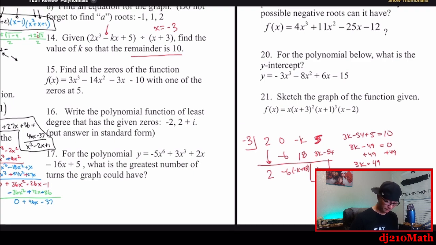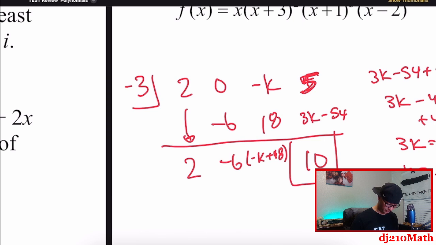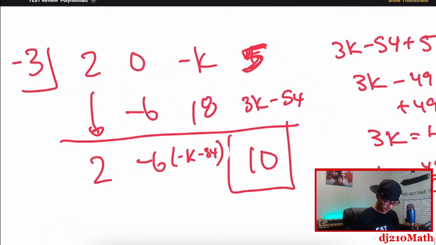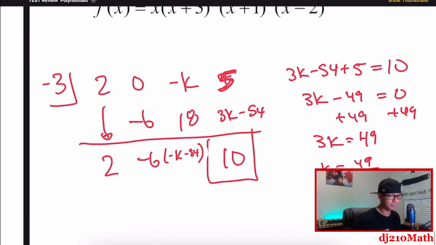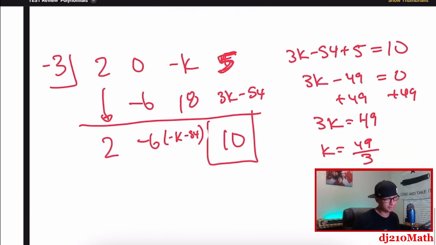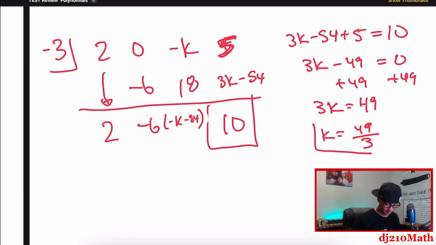Okay. So it's going to be 3 times 18, so negative 54. I haven't said 54. Why did I write 48? What's going on here? What the heck? Okay, so then when you add, it's definitely 49. Okay, I mean, if that's what it is, that's what it is. This value for k will give us a remainder of 10.